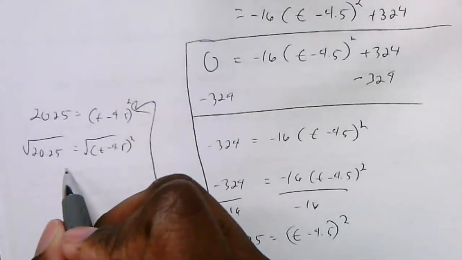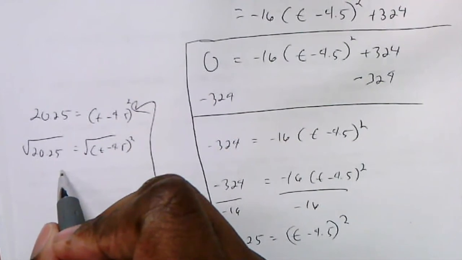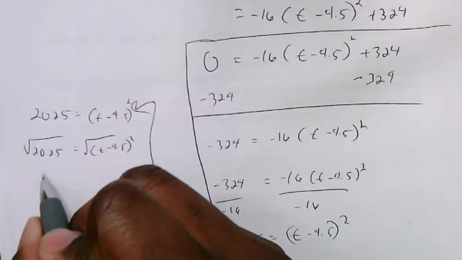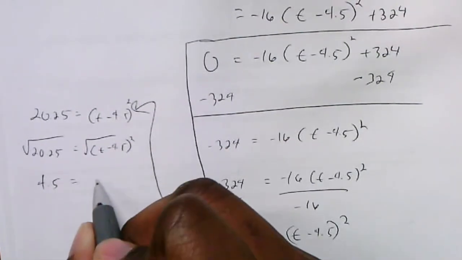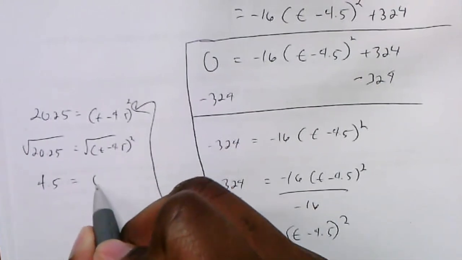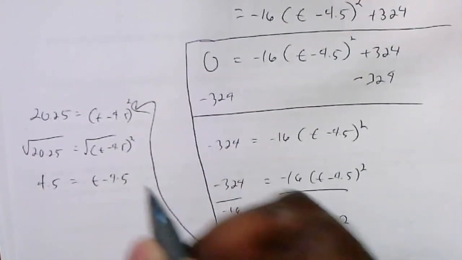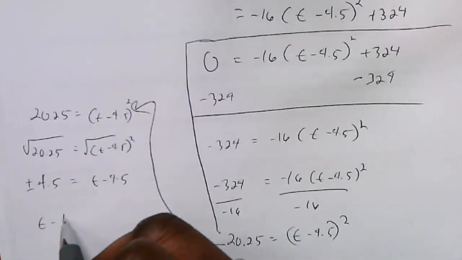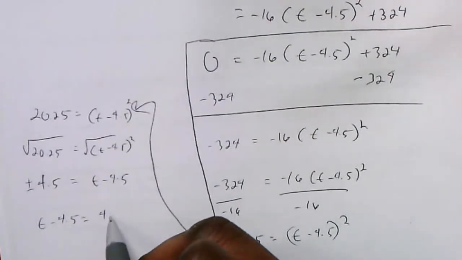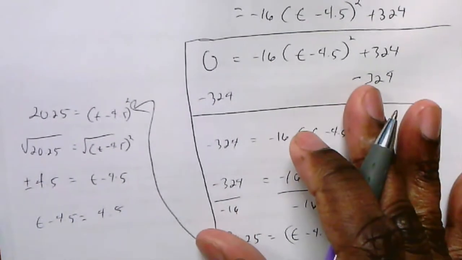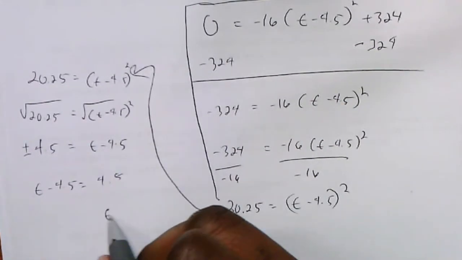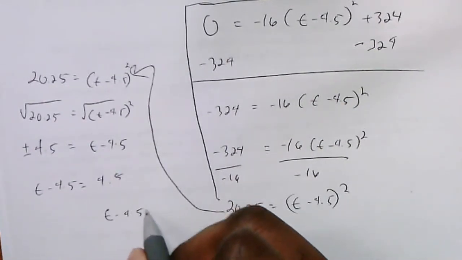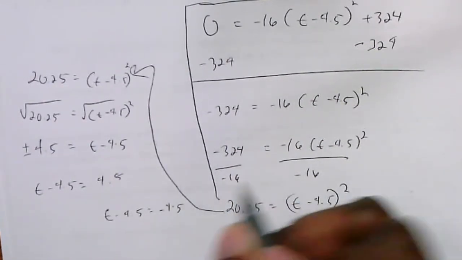By square rooting that, the square root of 20.25 is 4.5. So it's going to be 4.5 equals t take away 4.5, but yet plus or minus 4.5, because when you square root, you get plus or minus. So we have t take away 4.5 equals 4.5, and t take away 4.5 equals negative 4.5.